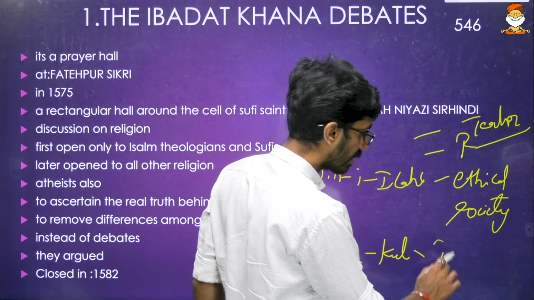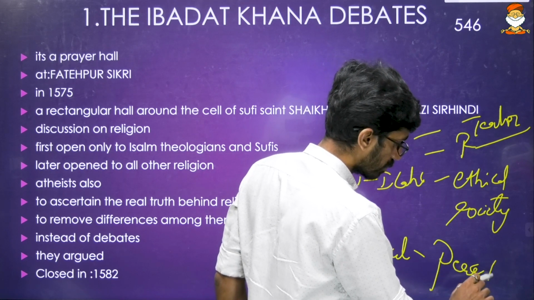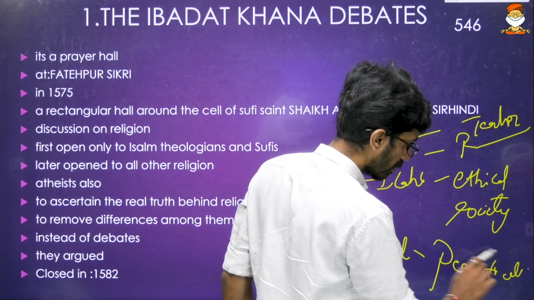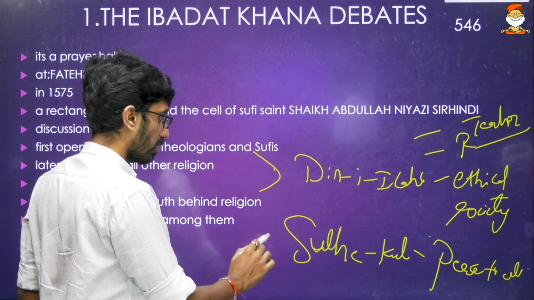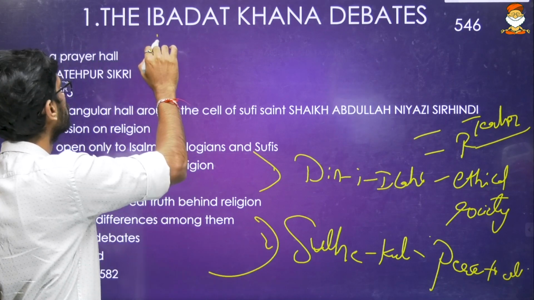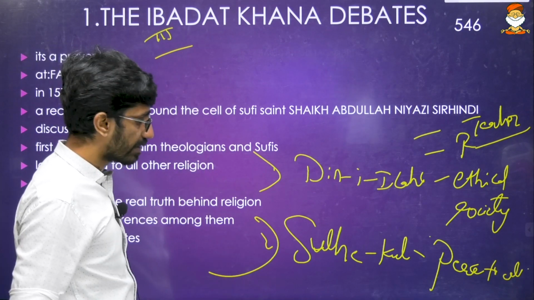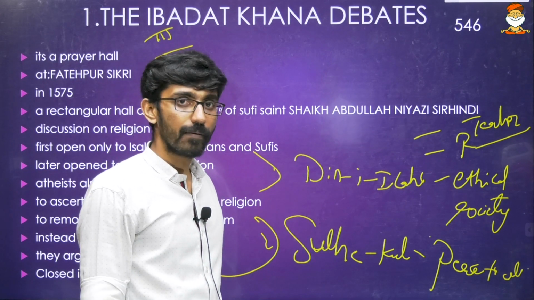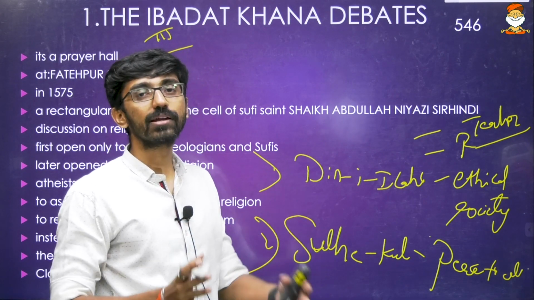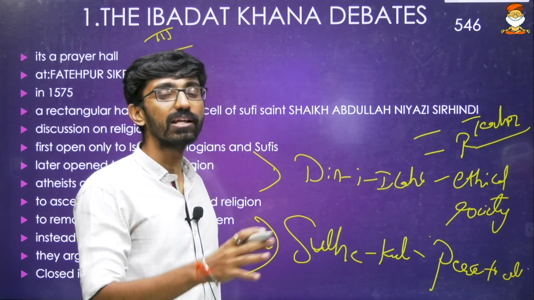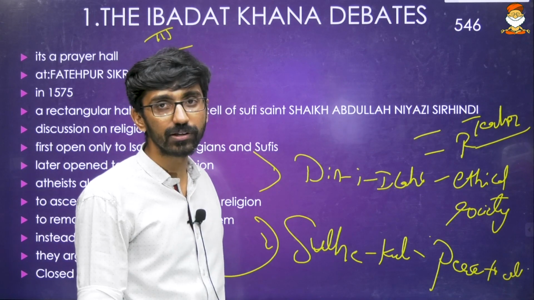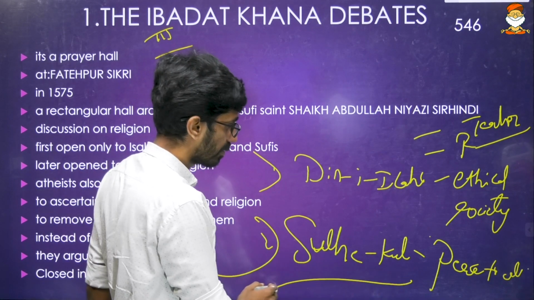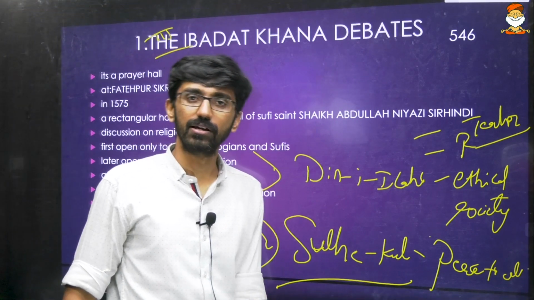This is peace to all, its basic meaning. Akbar believed it is the duty of the ruler to maintain peace and harmony in society, that is, maintain a tolerant attitude, and make sure people of one religion are not interfering in another religion's duties. That is called the Sulh-e-Kul principle. Deen-e-Ilahi as well as Sulh-e-Kul.